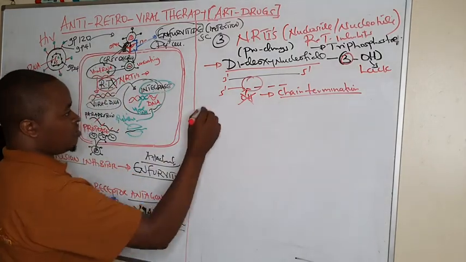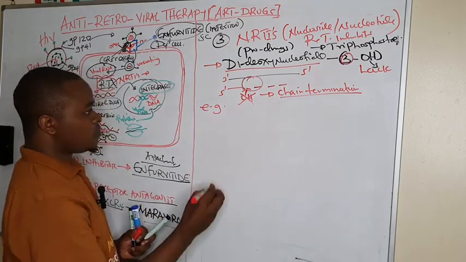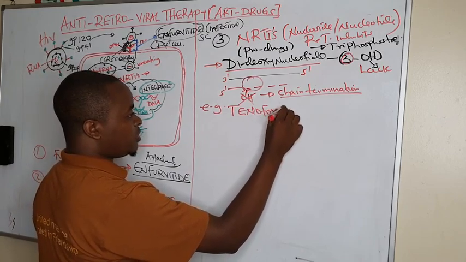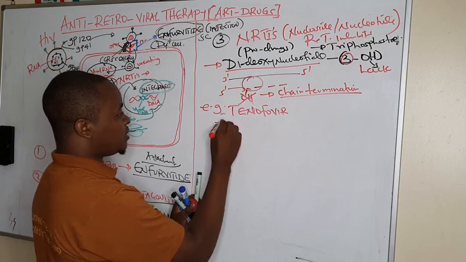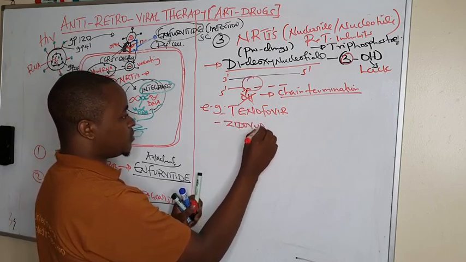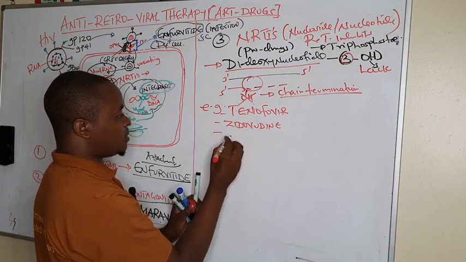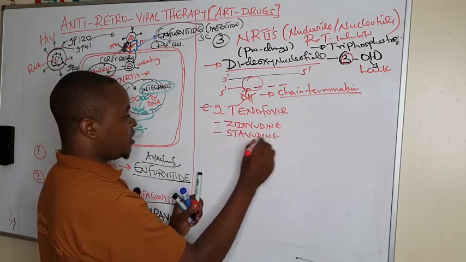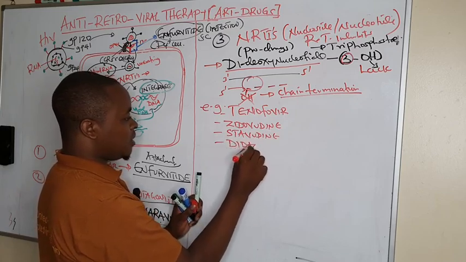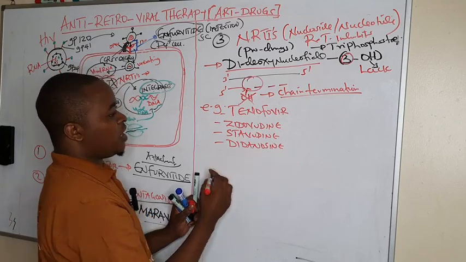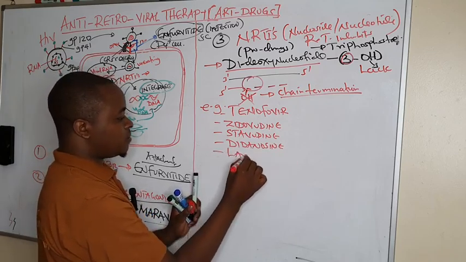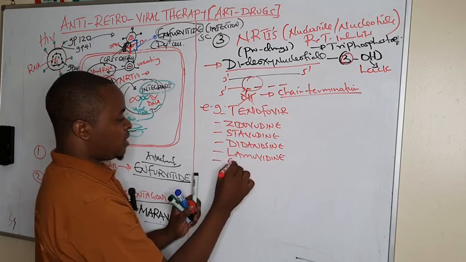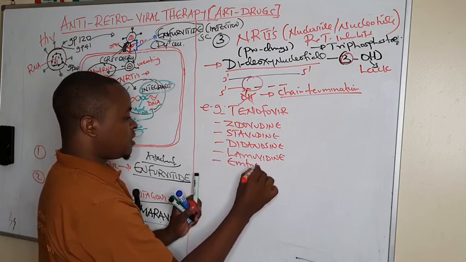Examples of NRTIs include tenofovir, zidovudine, stavudine, didanosine, lamivudine, and emtricitabine.